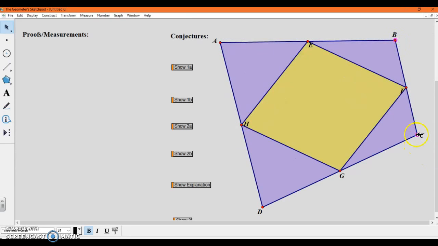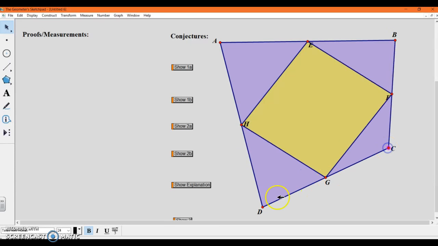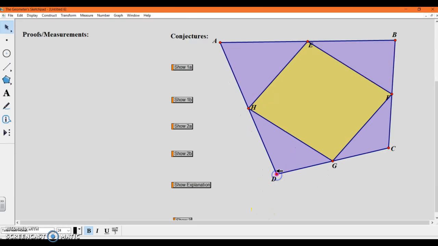The first question that I was interested in asking was, what is the relationship between these 4 outside triangles and the interior quadrilateral? The way that I chose to answer that was by taking some measurements and seeing how they compared.